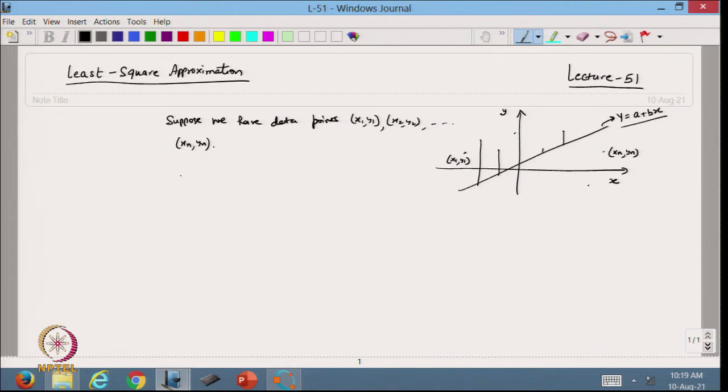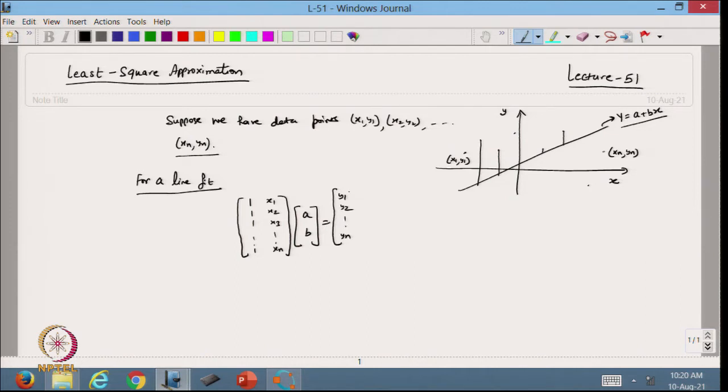Then for a line fit we came across the matrix with a column of 1s and a column x1 x2 x3 up to xn, multiplied by a b, equal to y1 y2 up to yn. This is a system of equations where our line is y is equal to a plus bx, so we have the matrix A, the vector x, and the vector y.